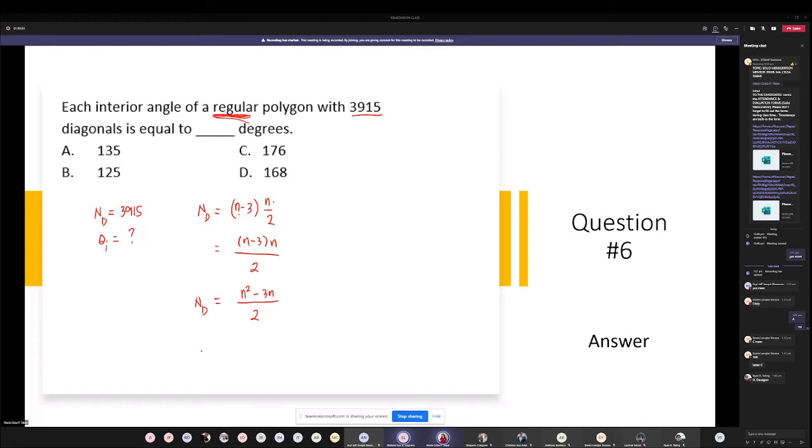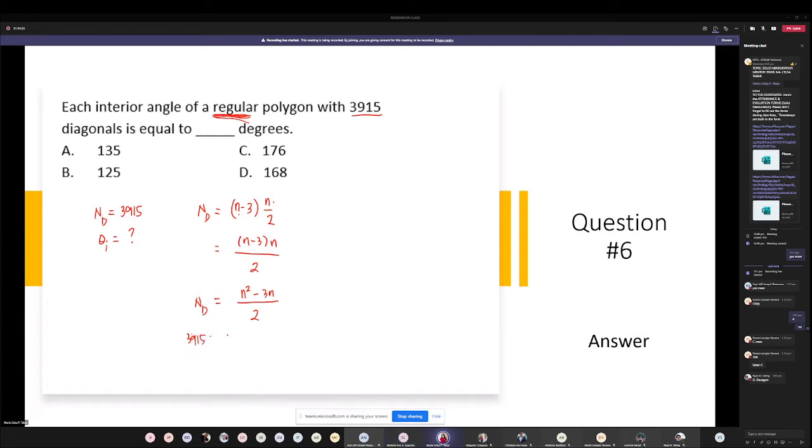It would be simpler if we plug in the n sub d initially and then solve for n, instead of putting the n on the left side of the equation before plugging in the values, because we have two terms containing the unknown. So it would be much easier if we put the 3915 first before solving for n.